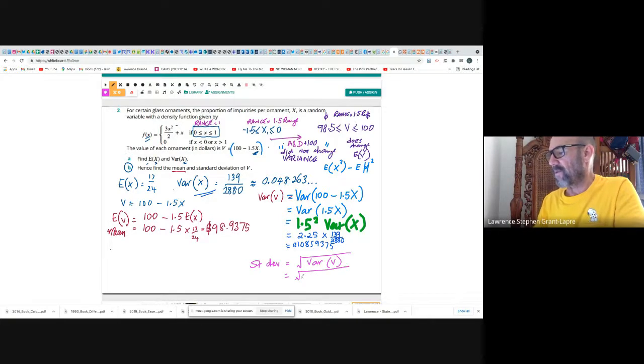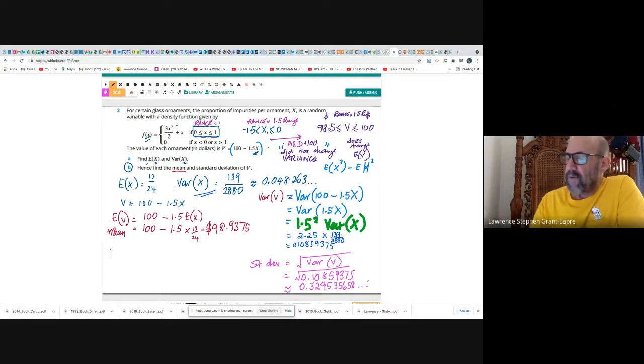So when you get the square root of 0.010859375, it's going to be irrational, so approximately, since they didn't want decimal places, I'll just put 0.3295356... All right, and that is the standard deviation.